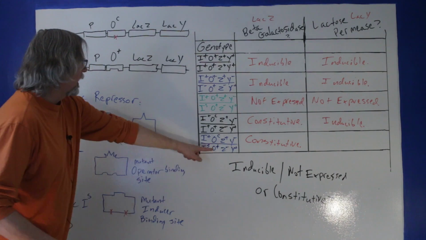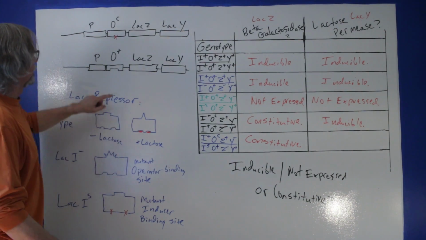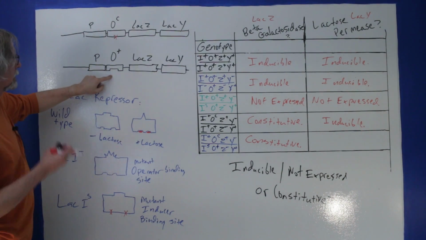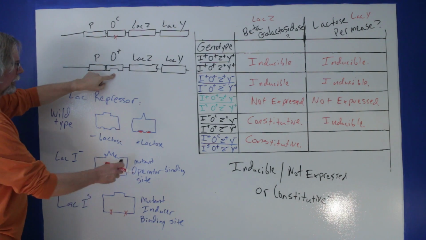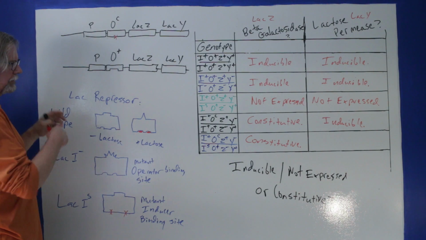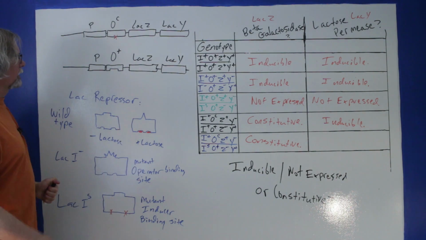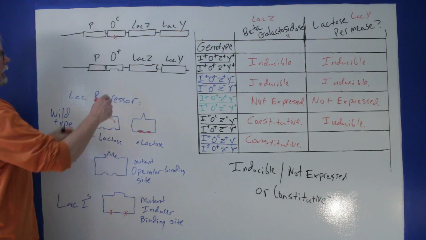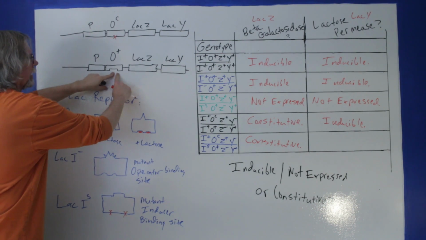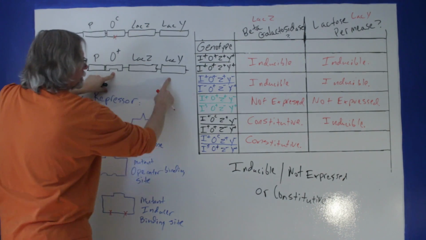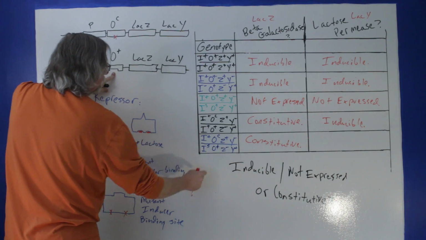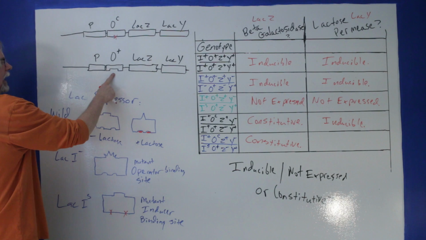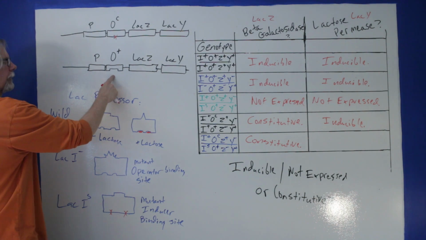The LAC-Y is linked to a wild type operator, and however, there's also a super repressor present. The super repressor is going to diffuse through the cell. It's a trans-acting factor. And the wild type operator is going to determine the expression of LAC-Y because it's physically linked to it on the same copy, and this is a cis-acting factor in the operator.